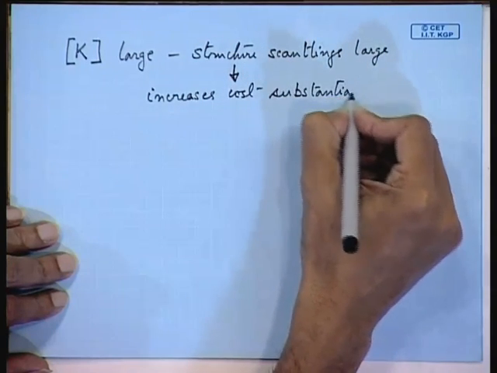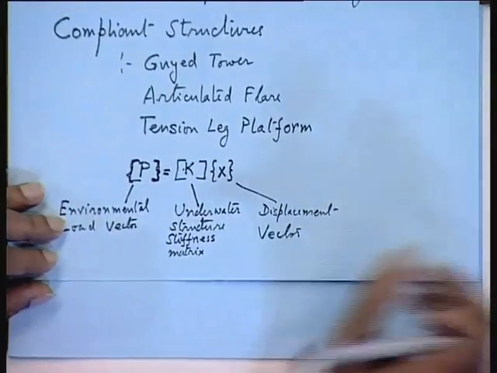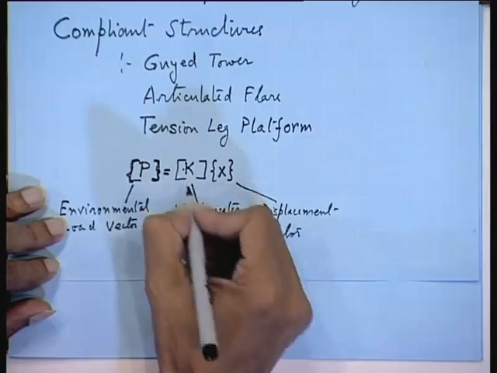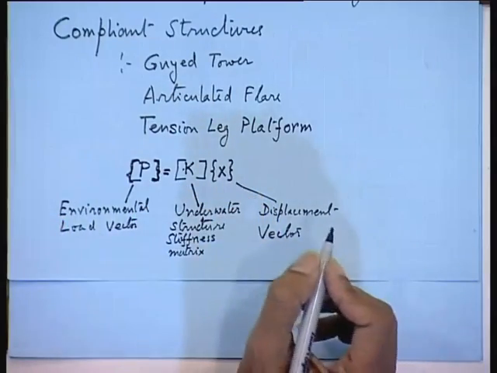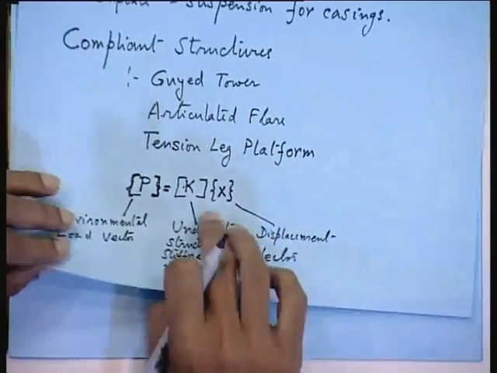So, that is why in very deep waters it is preferable not to go for a large underwater truss because of this value of k. K will increase substantially because of this displacement.